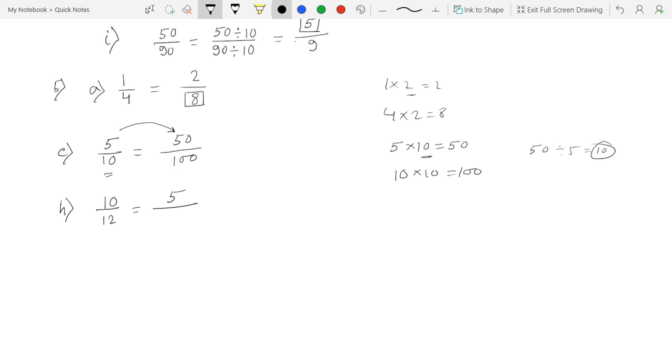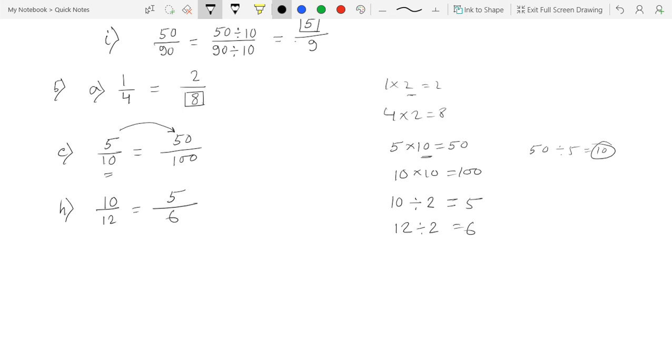That means after dividing something into 10 you will get 5. You have to find out which number divided into 10 gives 5. Now look, if you divide by 2 you will get 5, and this 2 you have to divide 12 by also. That means 12 divided by 2 is 6. So the answer will be 6.